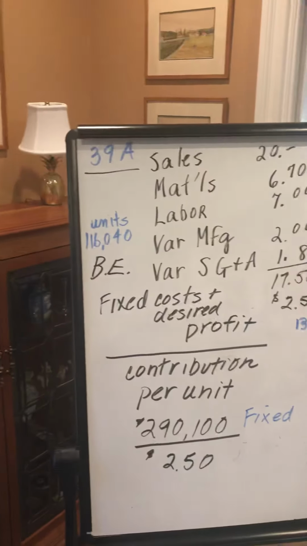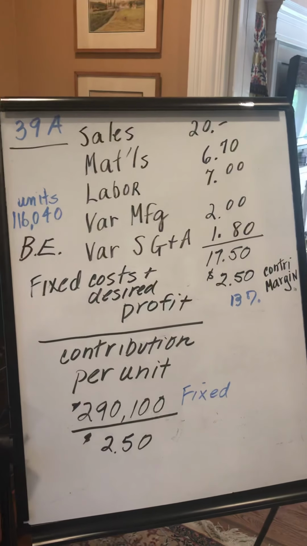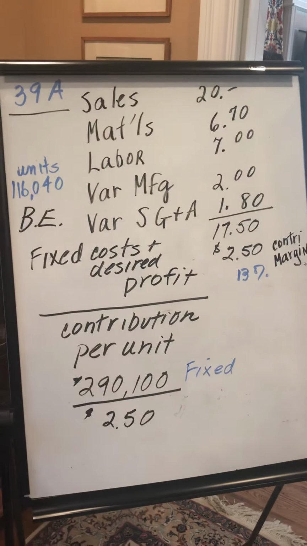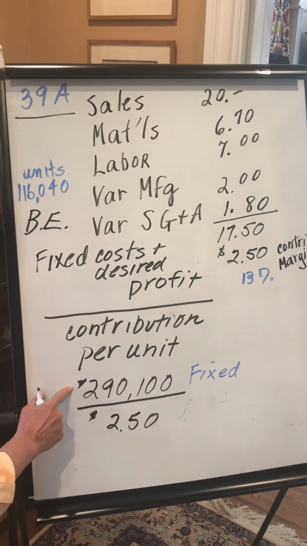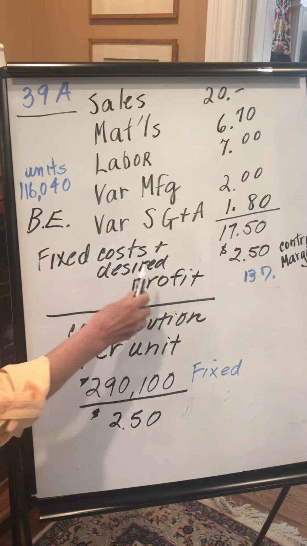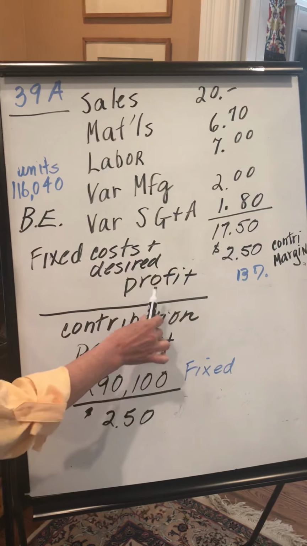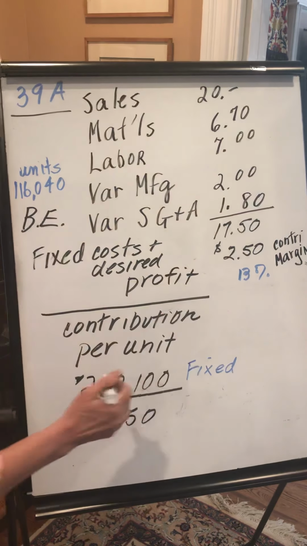So, if we want to calculate the break-even in dollars, we're going to take the fixed cost. Now remember, there's no desired profit when we're breaking even. That number is 0.